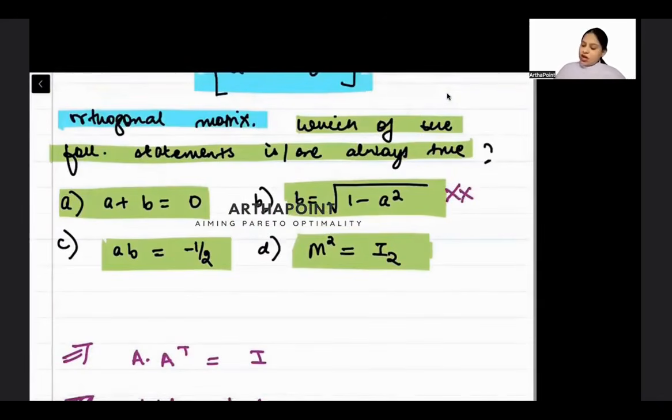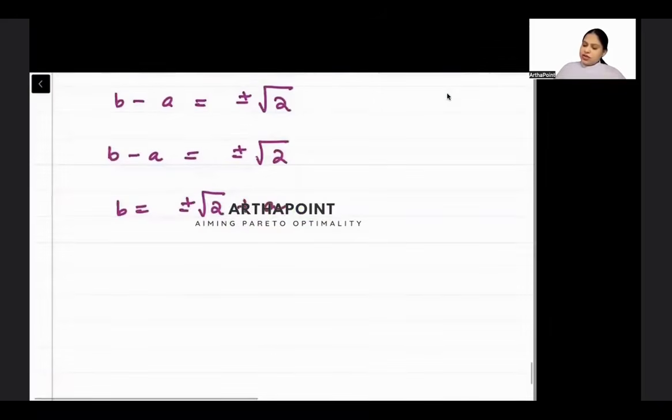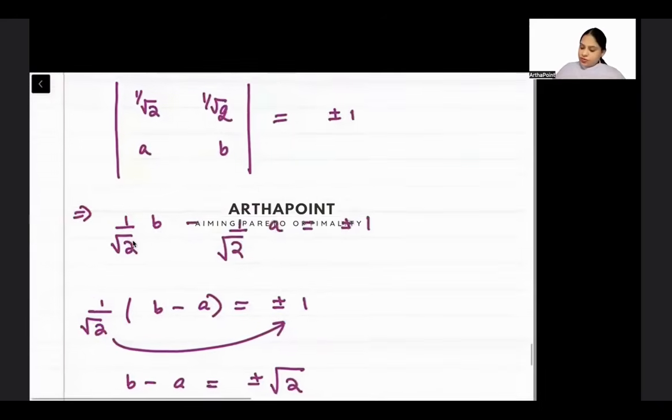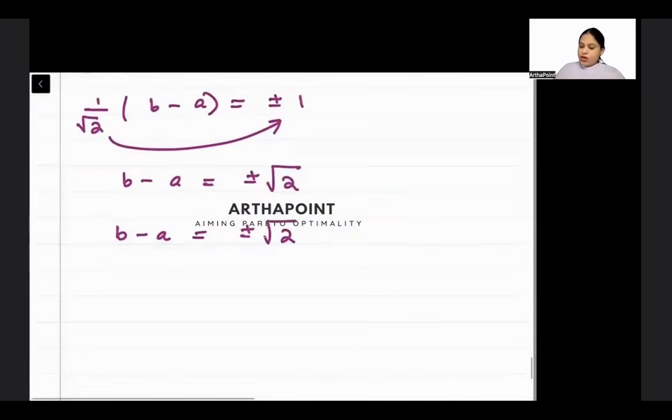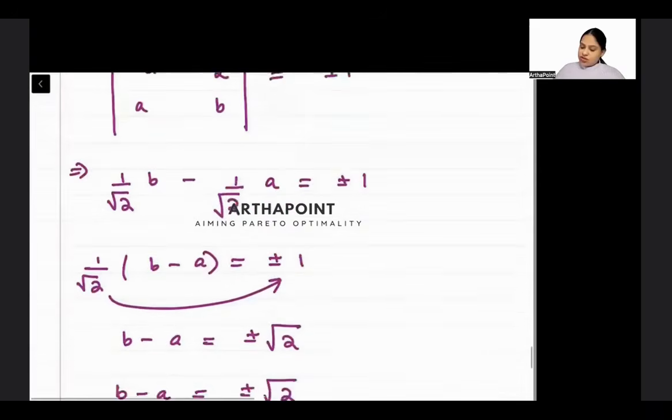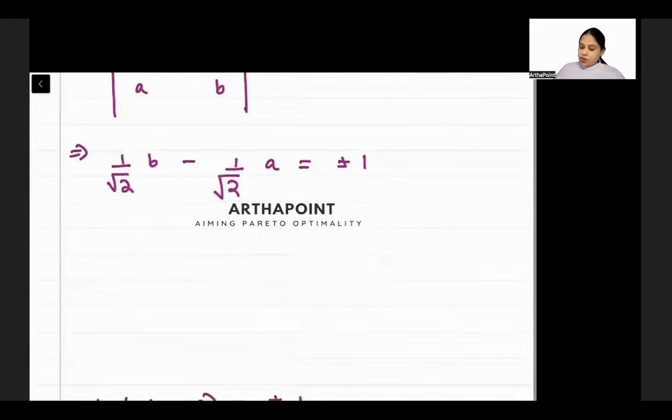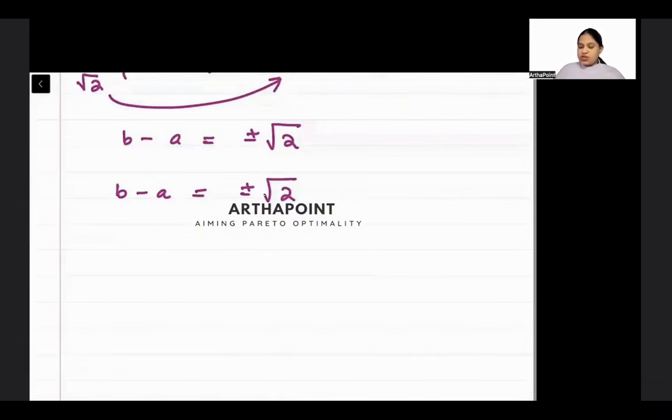ठीक है? अच्छा, now if I take this further beta, what else can we do? Let us try to find out what happens if I square on both sides. ठीक है, अगर हम इसको square on both sides कर देते हैं, so what will happen if I just square this on both sides beta?